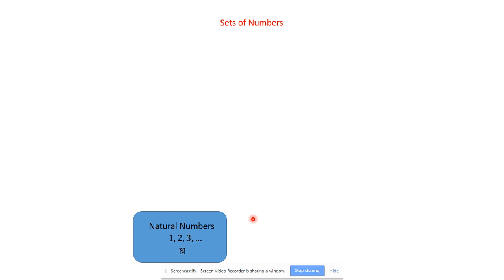The second set of numbers are called the whole numbers, and this set of numbers has been around for a few thousand years. There was an amazing invention that differentiated the whole numbers from the natural numbers, and that really changed the way math worked and changed amazing stuff in the world. That invention was the number 0. For thousands of years, there was no need for a number 0 because if you're counting, you don't start off with 0.